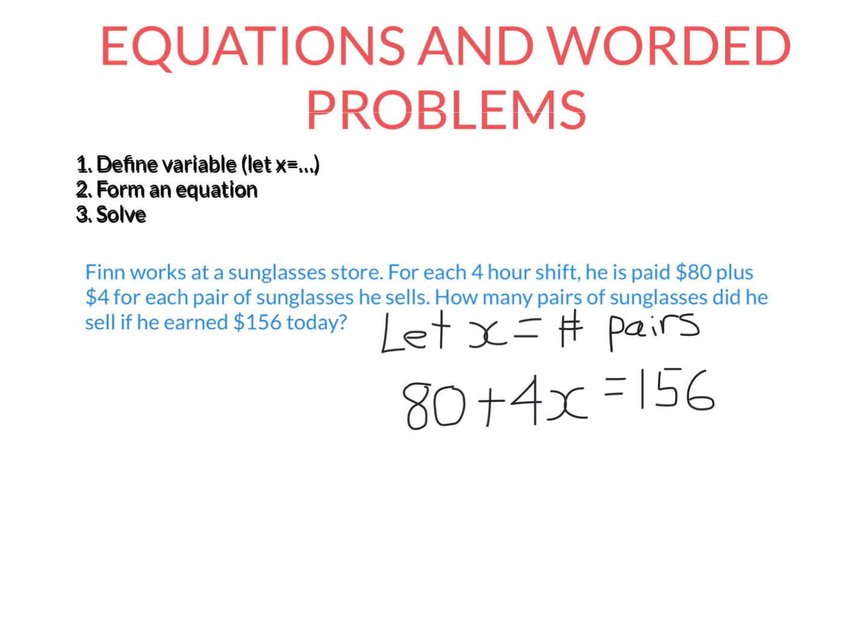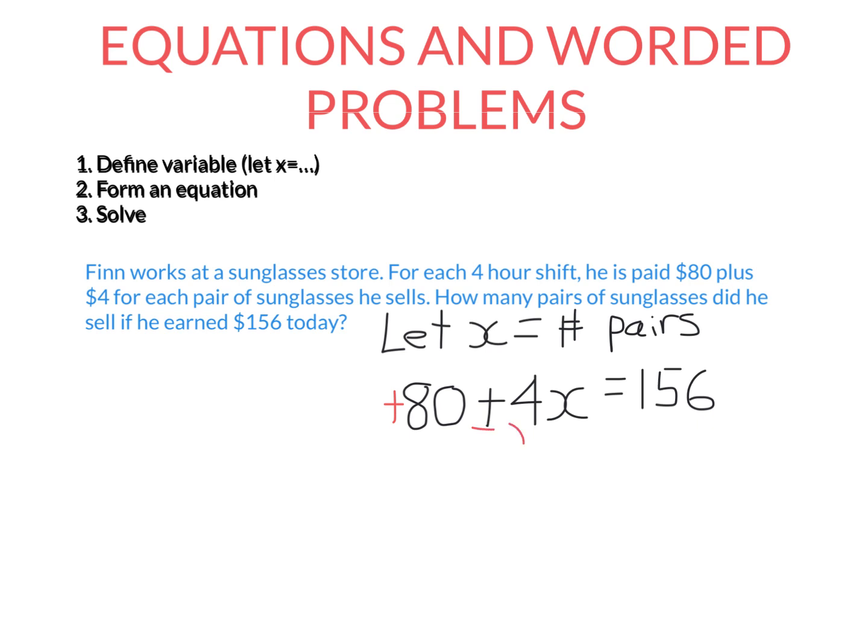Once you've got to this step, we solve it exactly like we've solved every other linear equation. We're going to undo what's been done to x in the opposite order to BIDMAS. So don't let the order that this is written fool you. We multiply x by 4 first before we add 80. We always do multiplication first in BIDMAS. So because the add 80, this is a positive 80, was the last thing that we did, it's the first thing we undo.